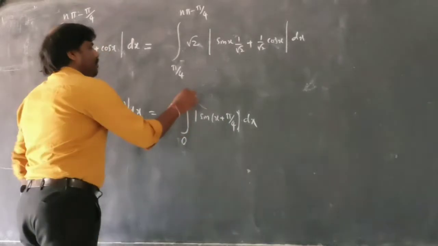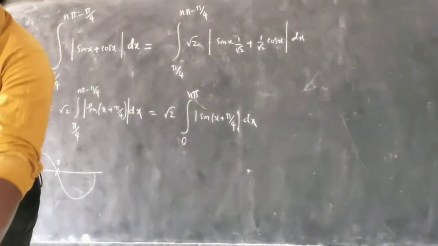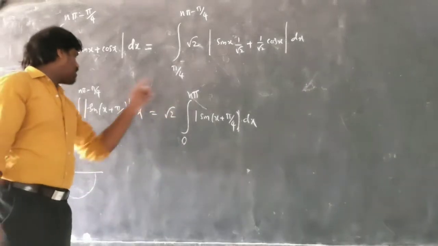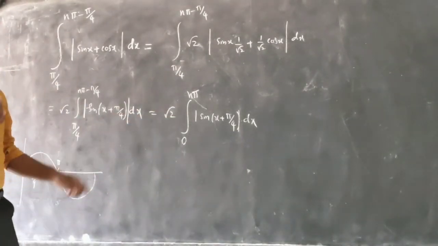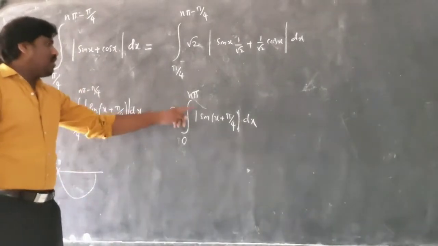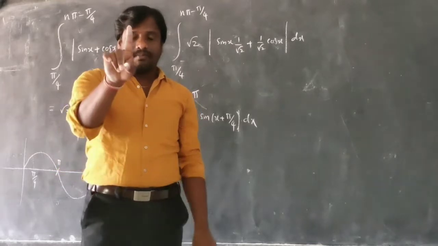According to property number 2, I can write 0 to n pi. Now, again yesterday's property number 1: what is the period of the modulus of sin x? The period is pi.